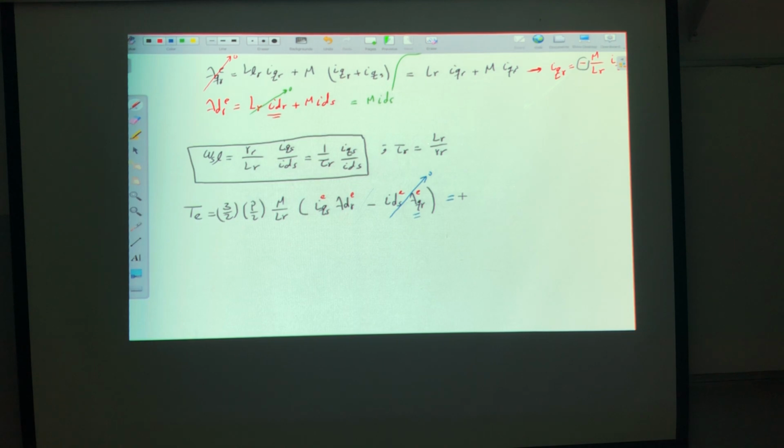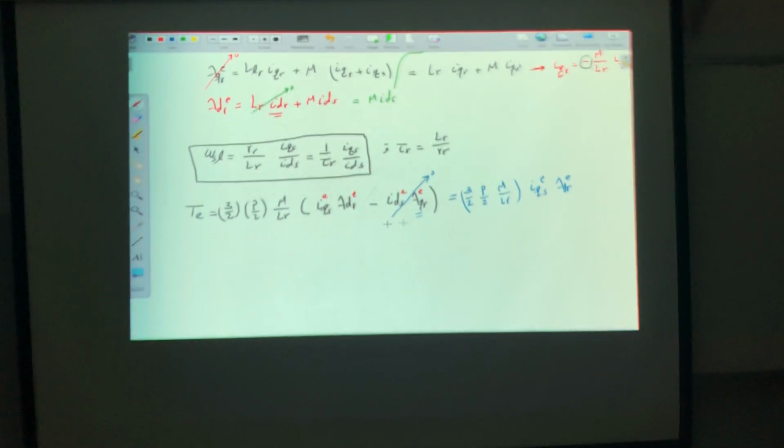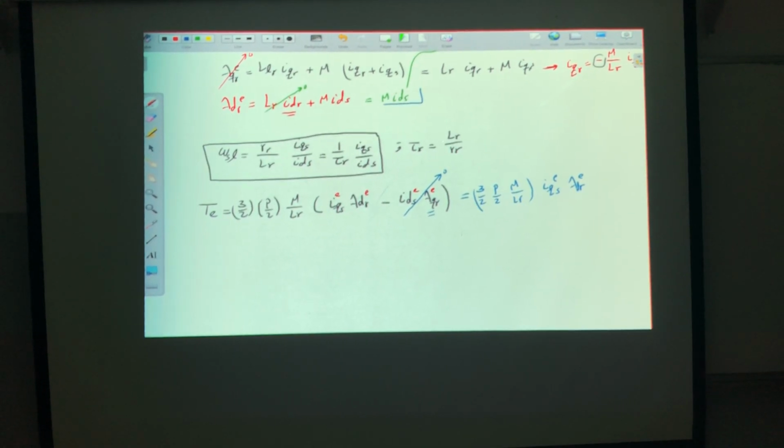So here what I'm having will end up to be 3 over 2, P over 2, let's say M over LR, multiplied by IQSE lambda DRE. Good.